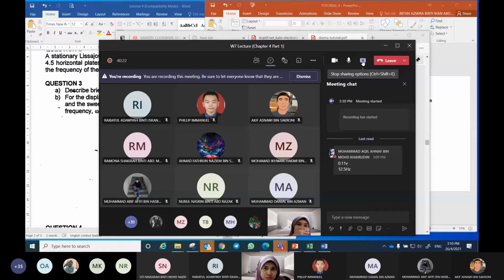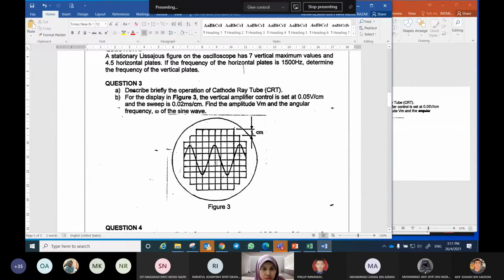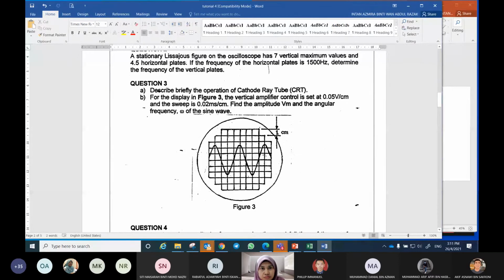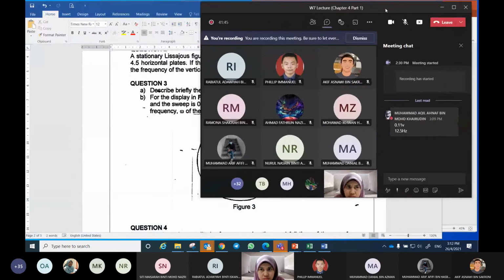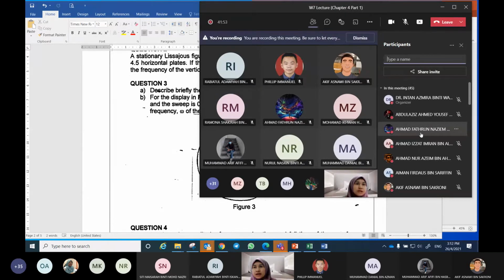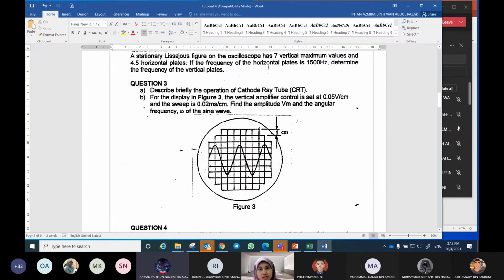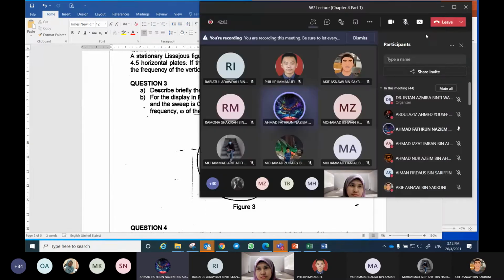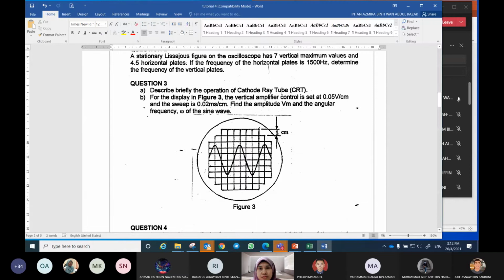Okay, class. Sorry, how many divisions on the vertical axis?